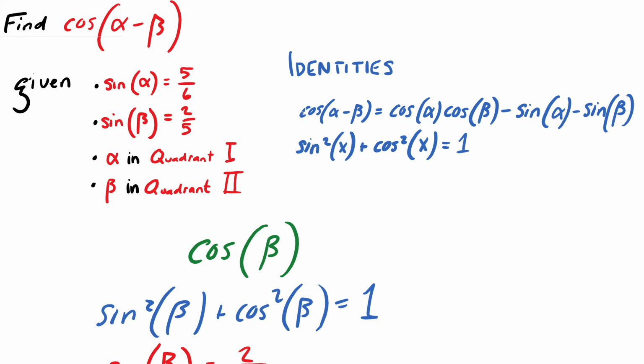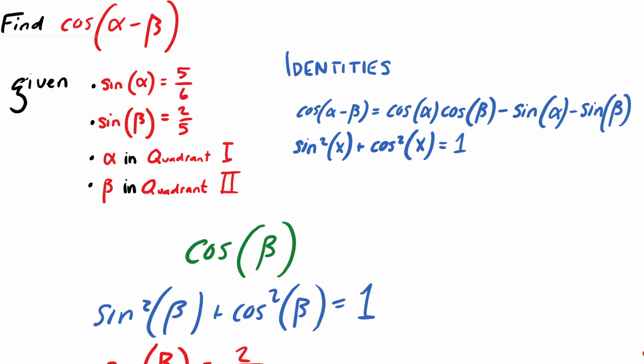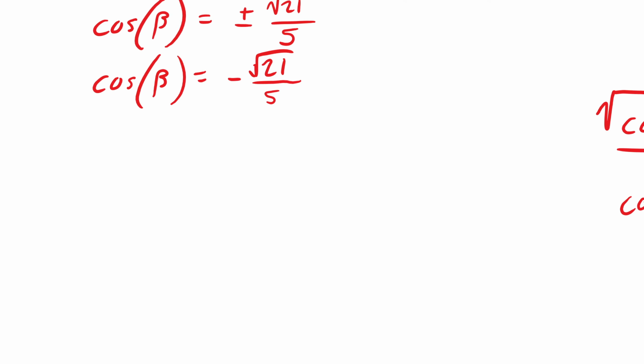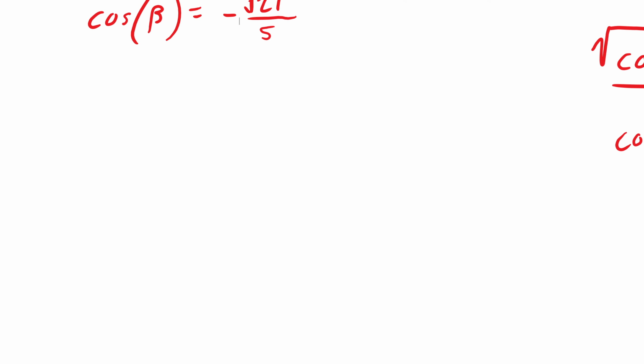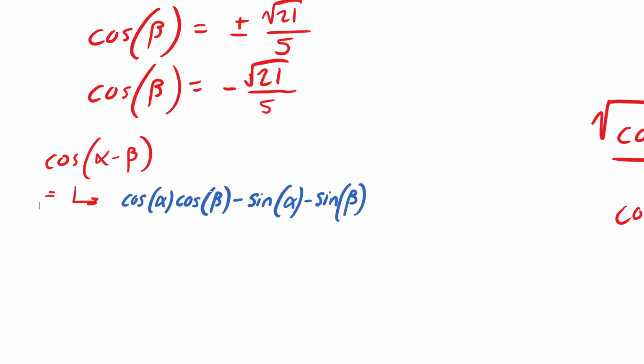Like we said in the beginning, in order to find cosine of alpha minus beta, we need to use this identity here. This subtraction identity for trigonometry says that in order to find cosine of alpha minus beta, you need to do this right here. So let's write that down. Cosine of alpha.